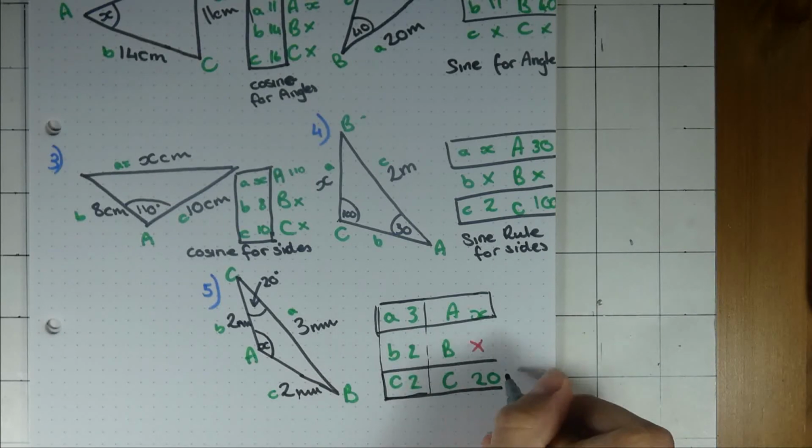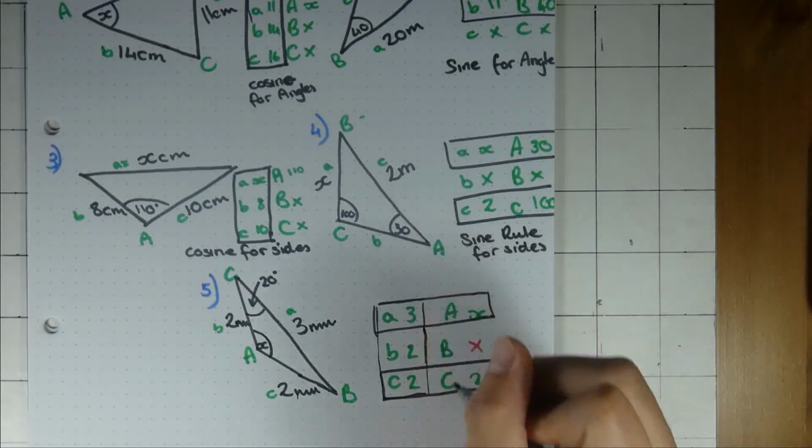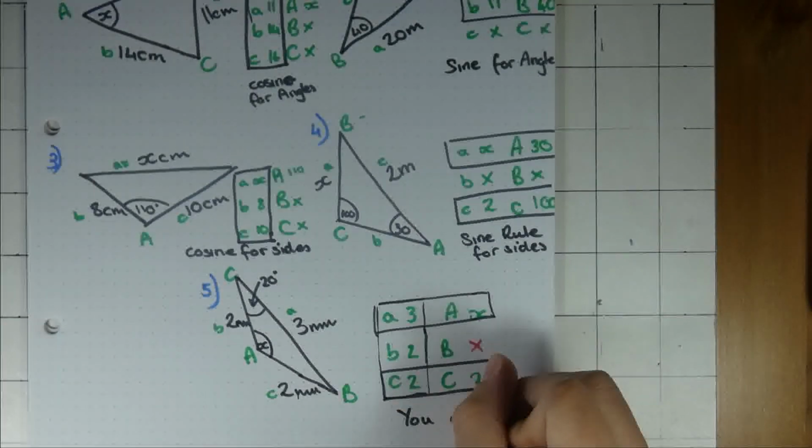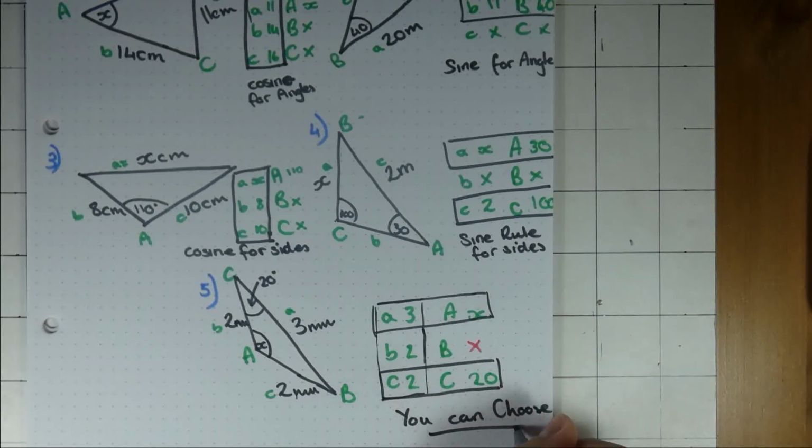If this situation ever happens, don't panic. The beauty of it is that you can choose, okay? So if it happens that you have the whole column and that you have 2 rows, don't panic, just choose whichever one you are most comfortable with.